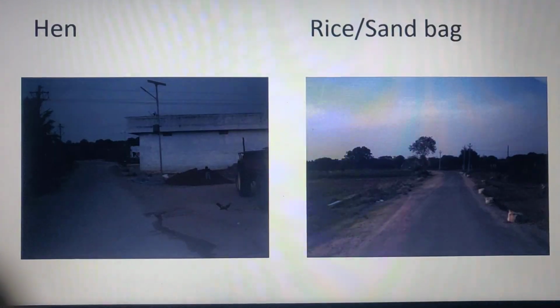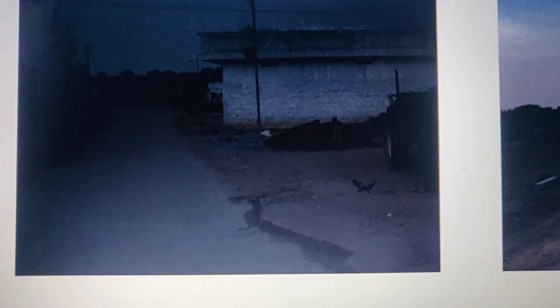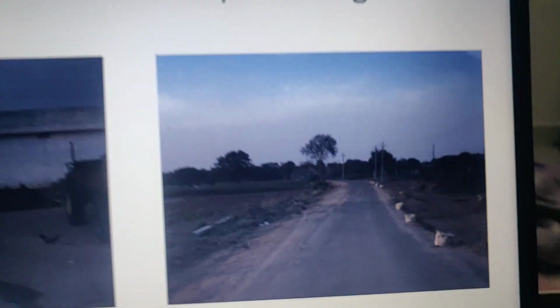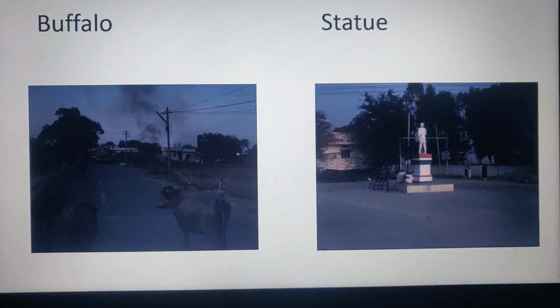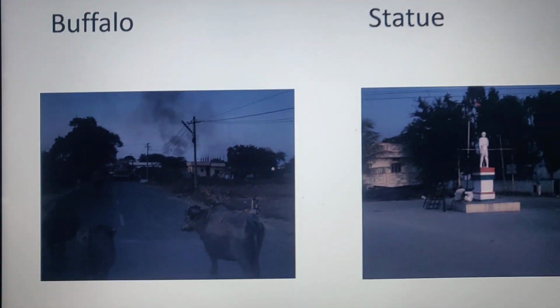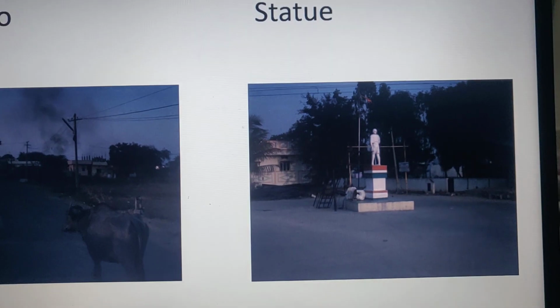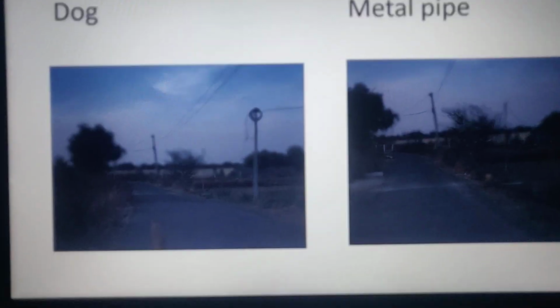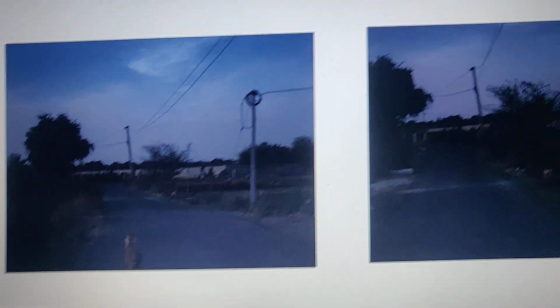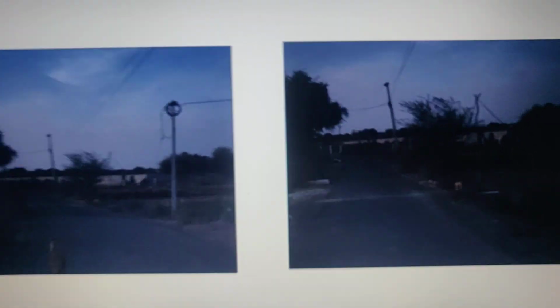And let's go forward. You can see a hen here on the road, and on this you can see rice bags on the road. There is a buffalo, there is a statue in the next picture, and we have a dog right here, and in the other picture there is a metal pipe on the road.